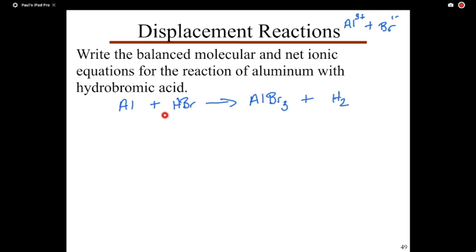I could put a 5, that's not going to work. But a 6 would be the least common denominator. And if I have 6 bromines here, then I have to make 6 bromines there. And now I have 6 hydrogens. I can get 3 there.